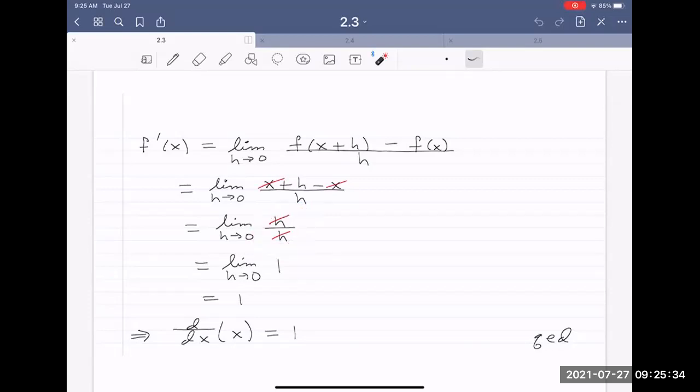The h's cancel. So I have the limit as h approaches 0 of 1. But 1 is always just a number 1. So the limit is just 1. Therefore, the derivative of x is 1. Any questions about that?